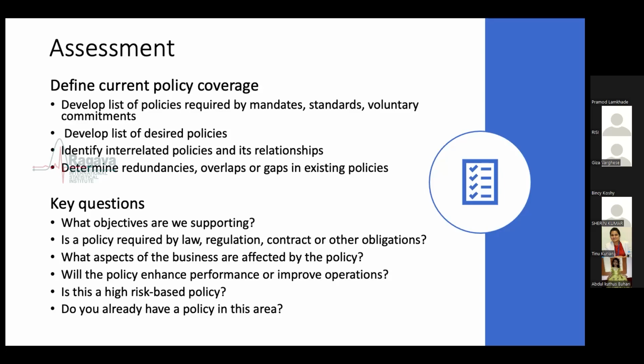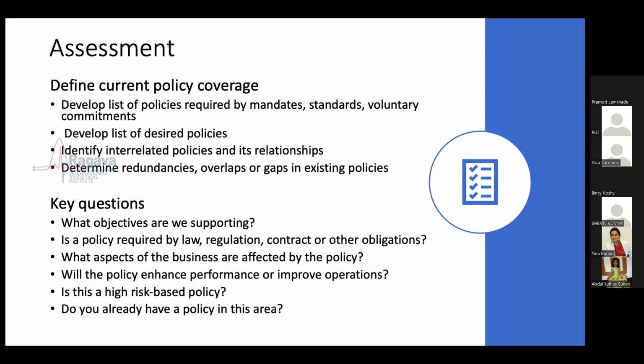What objectives are we supporting? So you are trying to map your proposed policy or proposed policy change to the organizational objectives. Then you are trying to link it to requirements or mandates, laws, regulations, third-party contracts, other obligations, standards, etc. Then you will see what aspects of the business are going to be affected by the policy, so which part or which process is going to be affected.